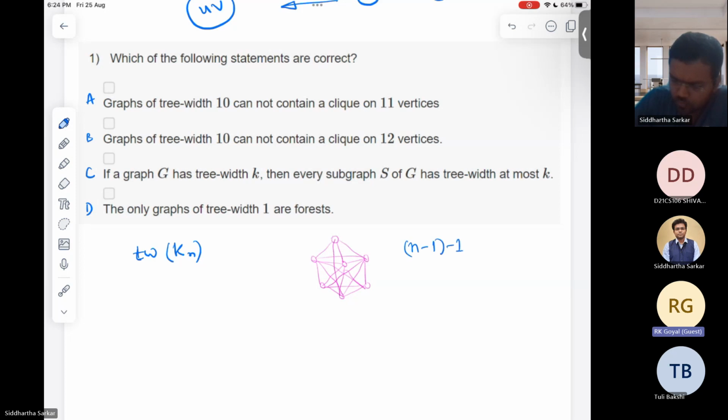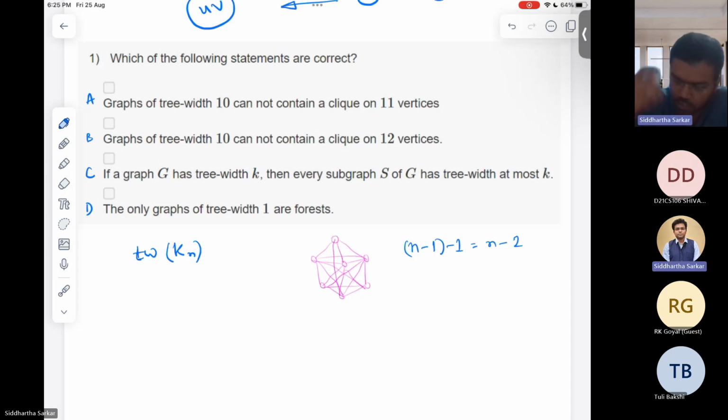So if we have a tree width of 10, then it can contain a clique of, say, 12 vertices, because every vertex would be connected to every other vertex. Okay, so tree width 10 will allow a clique of size 12. That's what you're saying? Yes. So both A and B are false. I think so.